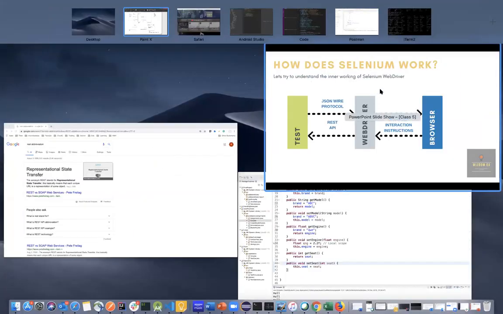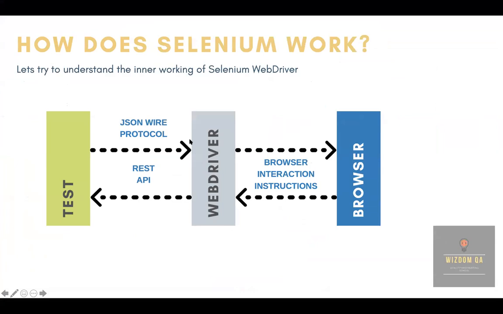Now look at the diagram here. So WebDriver is an API or a REST endpoint, which is active and trying to listen to some events. Okay, what is the event? When you're trying to execute a test, you're trying to call a method called .navigate or .get. This particular method, say .get or .navigate, is then interpreted as a REST event by the WebDriver.